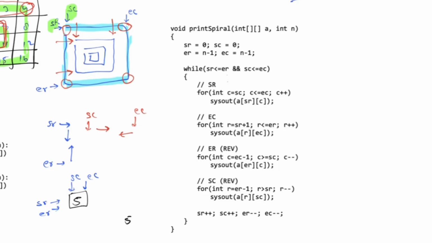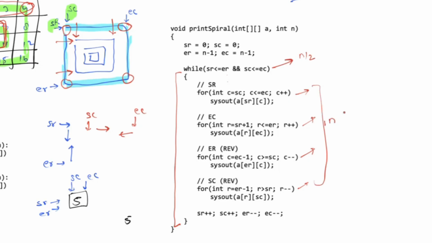Let me give you two arguments. The first argument is how many times the while loop is executing. Can I say that the while loop will execute n by 2 times? Yes, because we are increasing the row and decreasing the column, so they will meet at the middle. Inside this while loop, how much time is each of these for loops taking? First, each for loop will take n time.